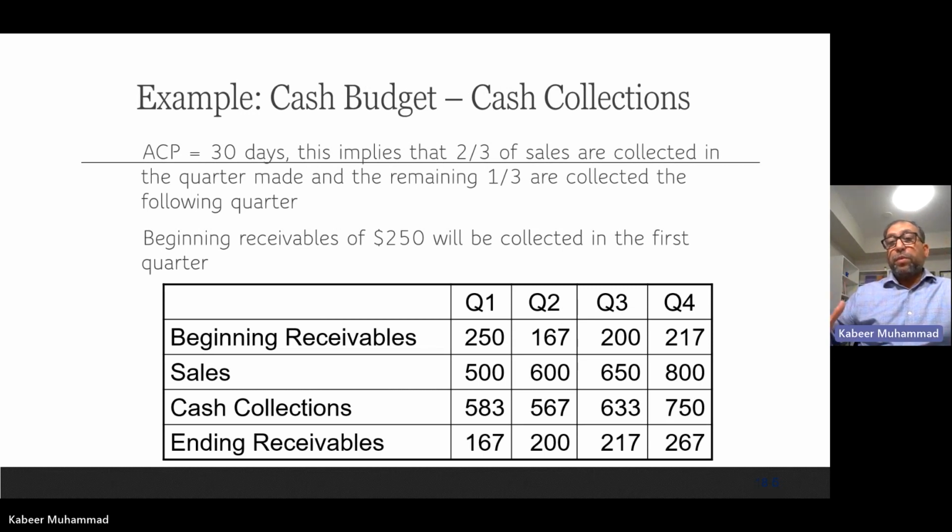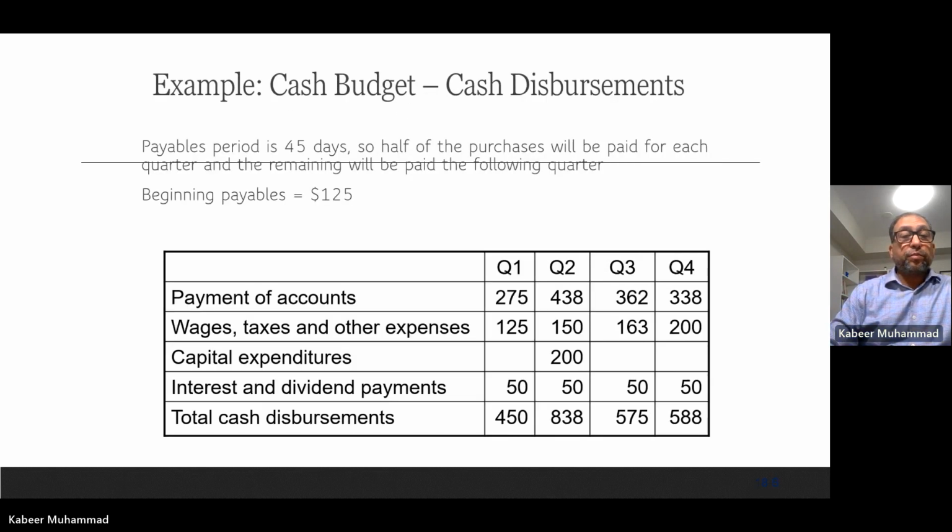So 50% of 650 is 325, and out of which we are paying half, so it means 167. So we see 150 from the previous quarter and 167.